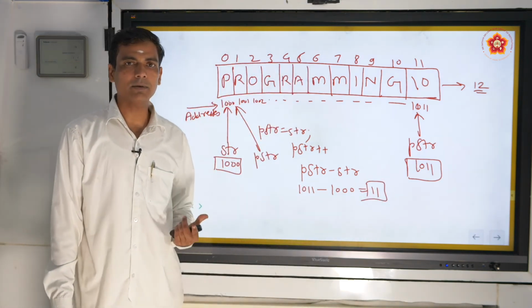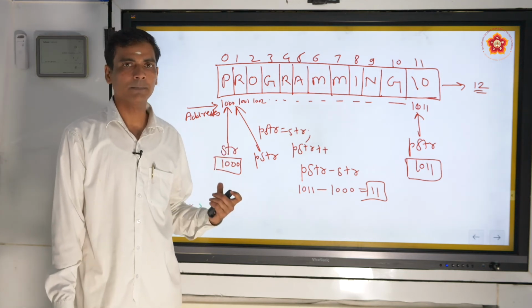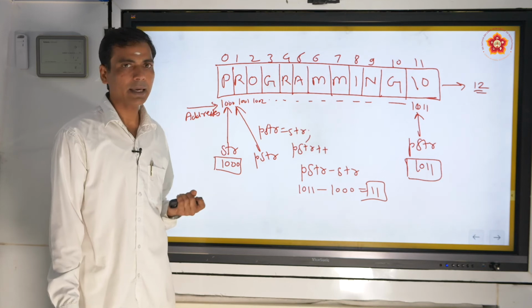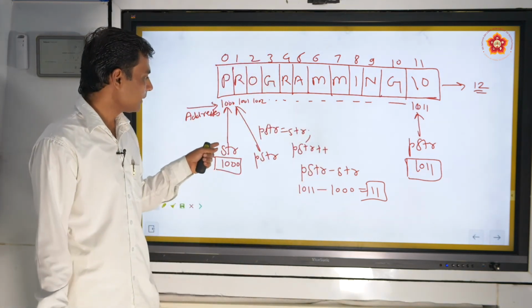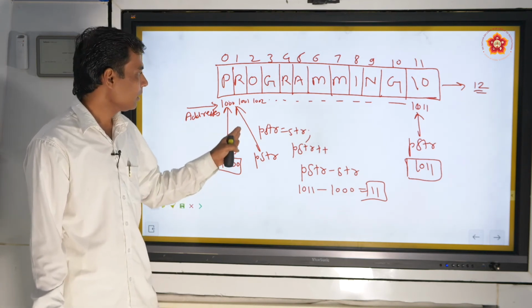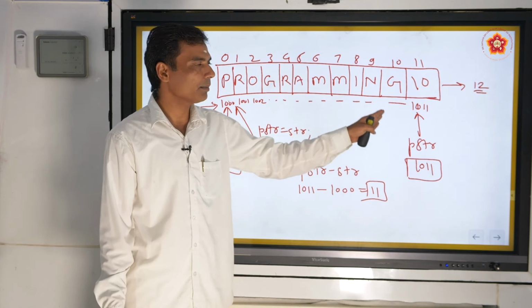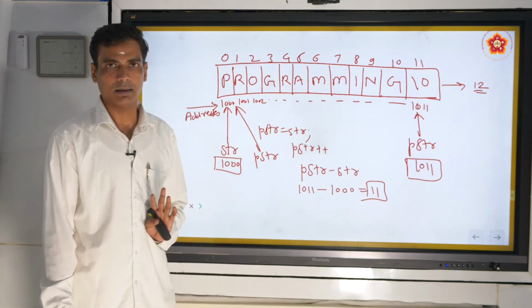So we are actually calculating the difference between the address value of the initial character and that of the final character. Till the end of the program, str is always holding the base address, but pstr keeps incrementing, jumping onto the next character, and reaches the last character.